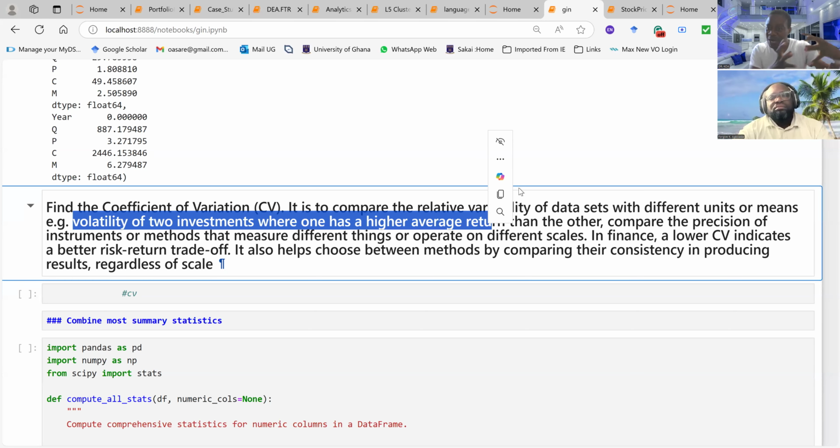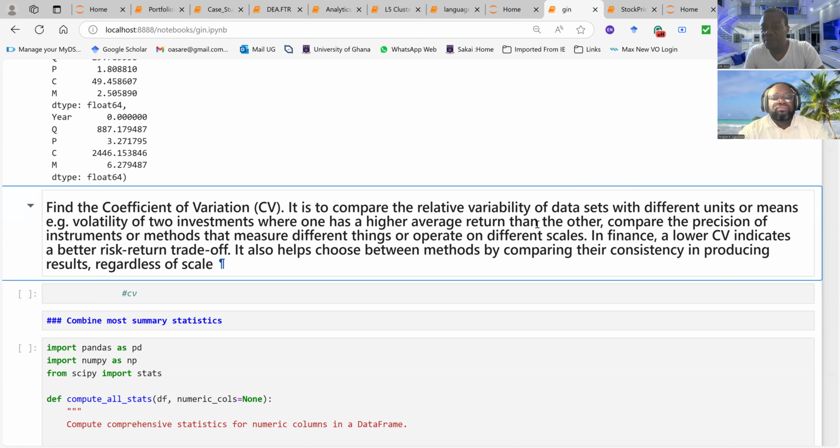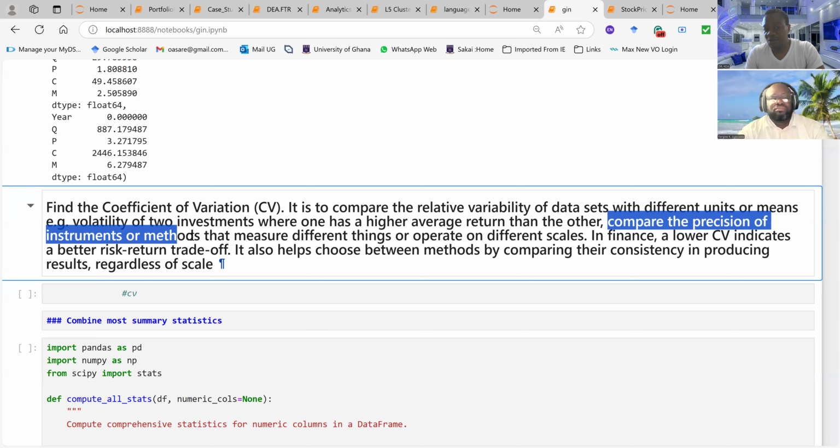But the one with more returns also means that you will have more risk, isn't it? The higher the risk, the higher the return. So it's giving you more return, you're happy, but now you need to measure the risk. What do you use to measure the risk? The standard deviation, okay? The coefficient of variation, okay? So you can bring that into the picture to be able to look at it. You can use this also to compare the precision of instruments or methods.